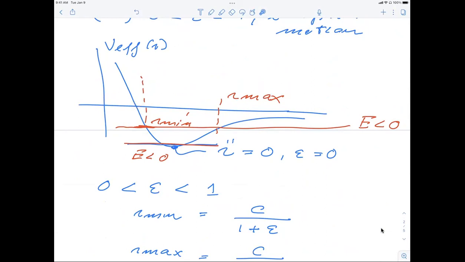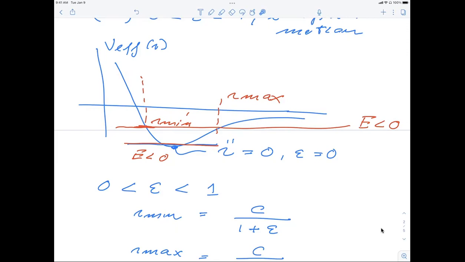We haven't decided yet where we are, or we could assume that we are here, for instance. So this R min is our minimum distance between the two objects which interact, okay? So that's the minimum distance you can reach. Like for the Earth-Sun case, R min would actually be the perihelion for a planet rotating around the sun.